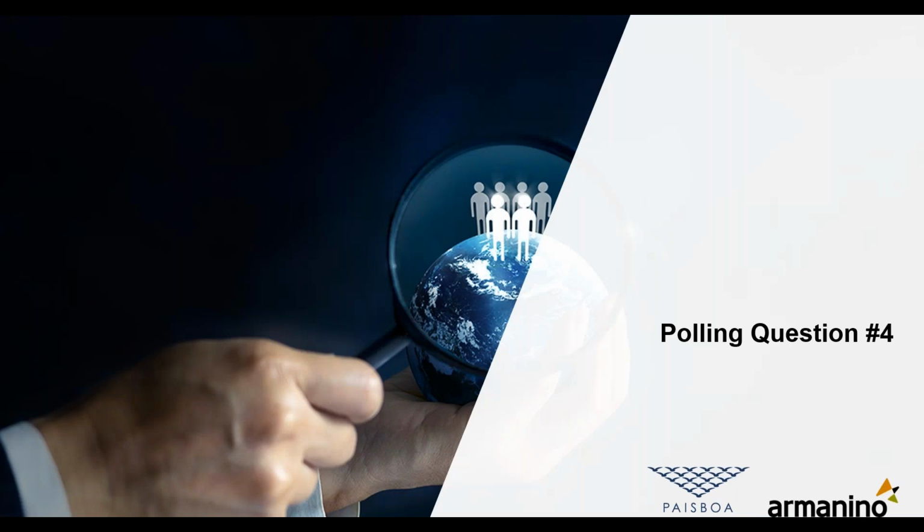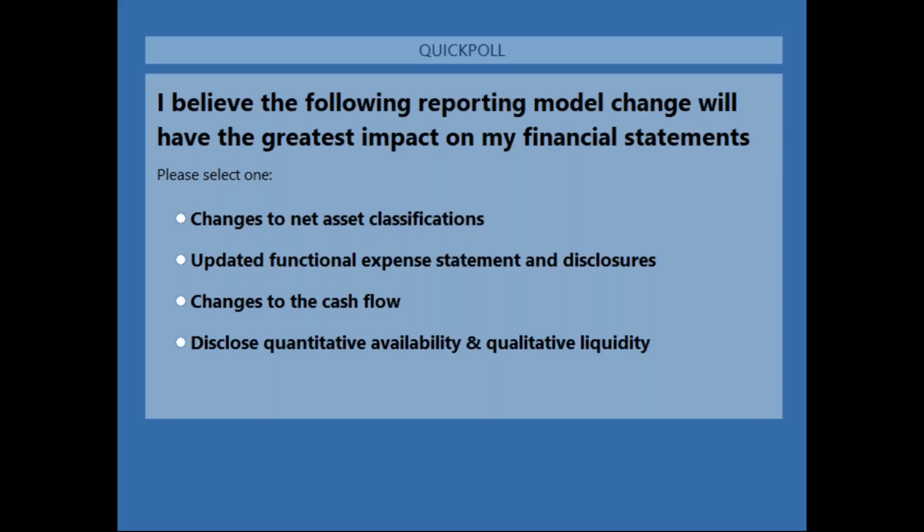Awesome. And now we're going to go into our fourth polling question. The question is, I believe the following reporting model change will have the greatest impact on my financial statements. Please select the option that best sounds like you: changes to the net asset classifications, updated functional expense statements and disclosures, changes to the cash flow, or new quantitative disclosures on availability and qualitative disclosures on liquidity.